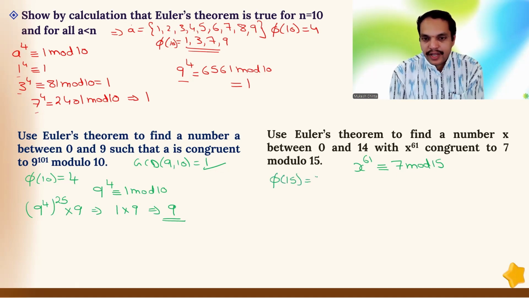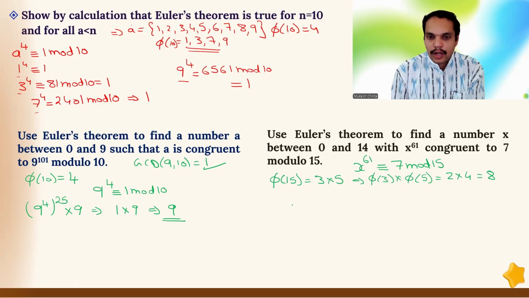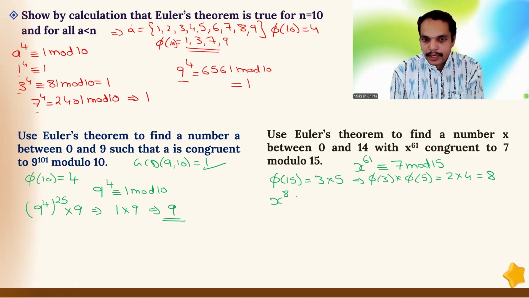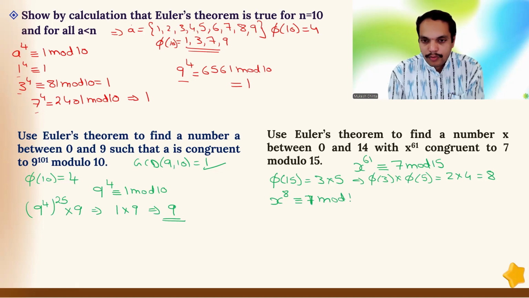I can write 15 as 3 into 5, which brings me to phi of 3 into phi of 5, which is 2 into 4, giving me the answer 8. Now I know that if it is relatively prime, x power 8 is congruent to 1 mod 15, isn't it? x power 8 is congruent to 1 mod 15.